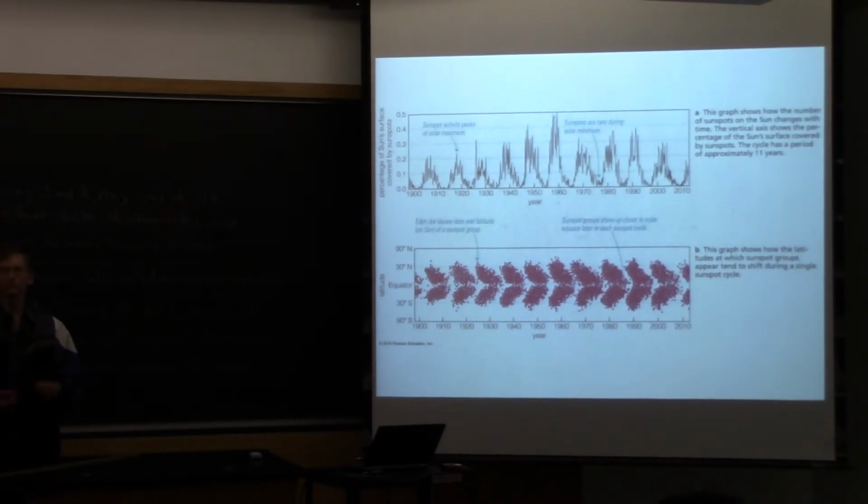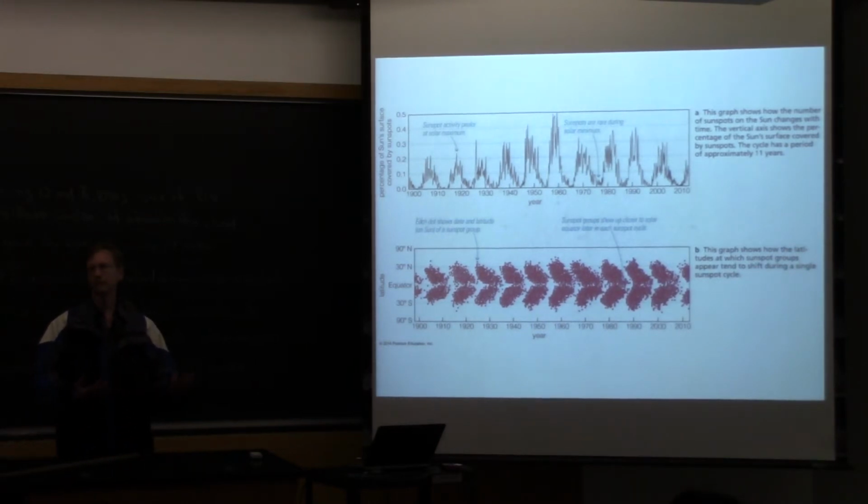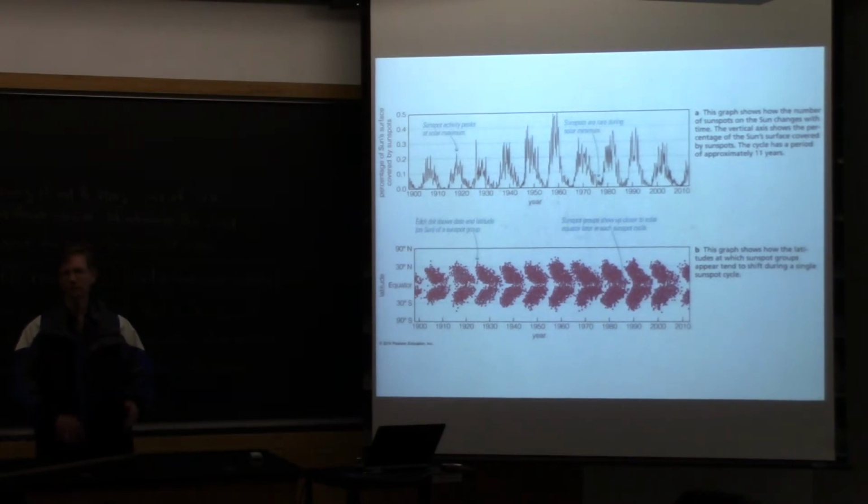So we are able to make what are called magnetograms that tell us the direction of the sun's magnetic field, and using that tells us that it flips with every sunspot cycle. Next sunspot cycle, it flips around compared to the one before that.